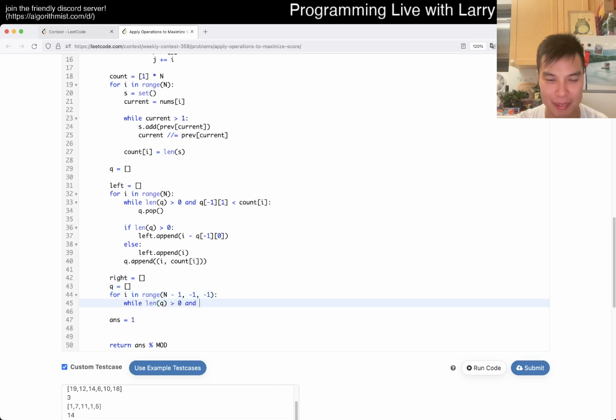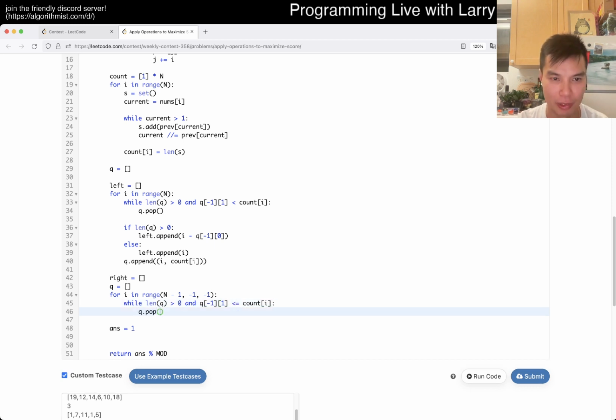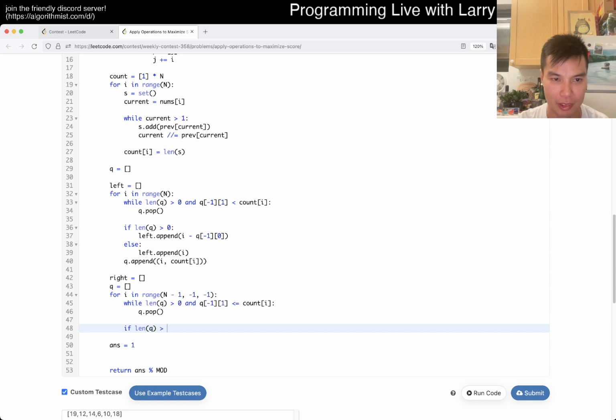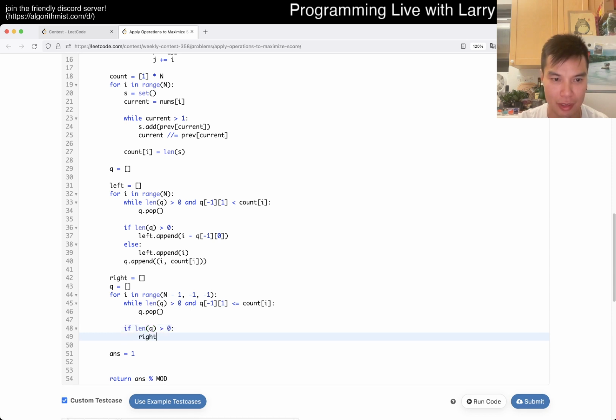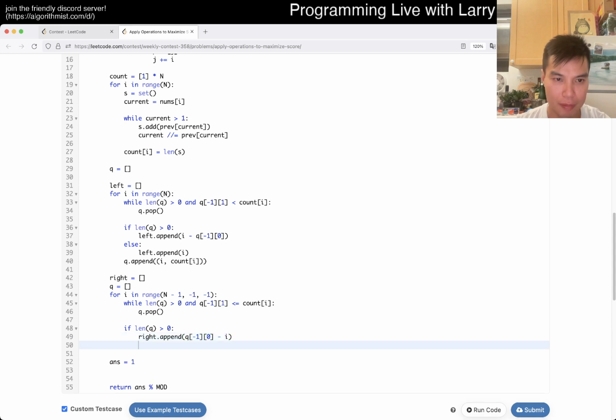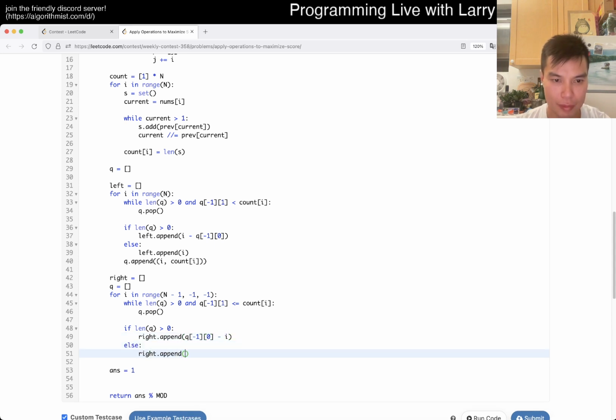Again, this is a stack, but now with its equal we keep going, so that's always fun. Is it I minus the front, right? So it's actually Q -1 2 minus I. Is N minus I actually?